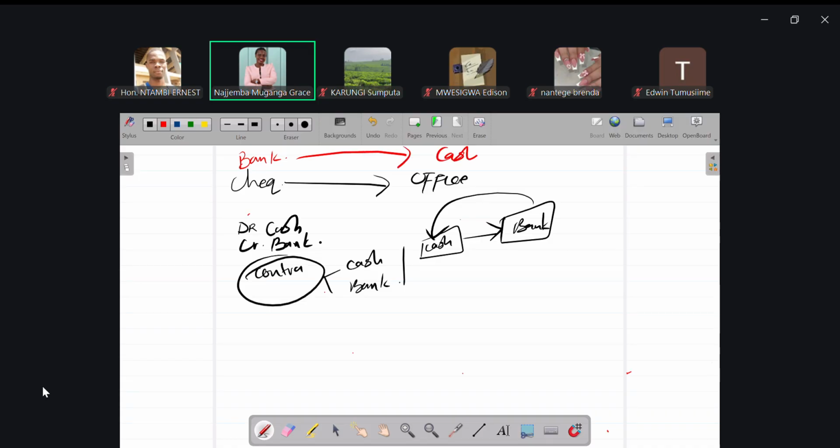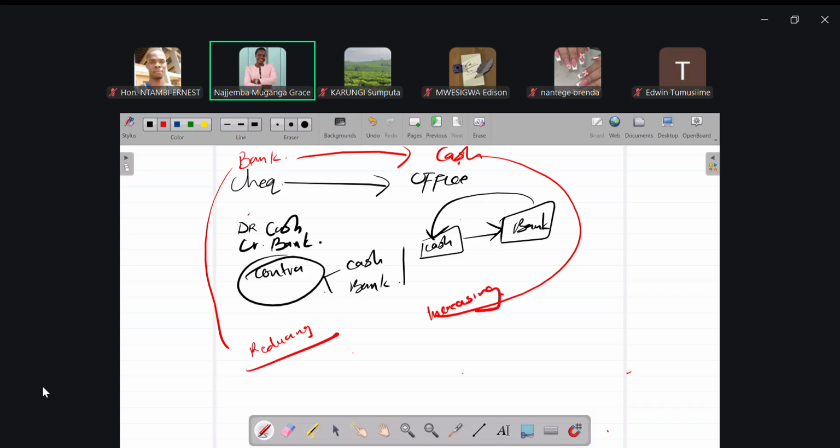So this time round, bank is giving cash. To post this in the cash book, show that the bank money is reducing, and then immediately also show the cash column increasing. Because money left the bank and came to the office for office use.